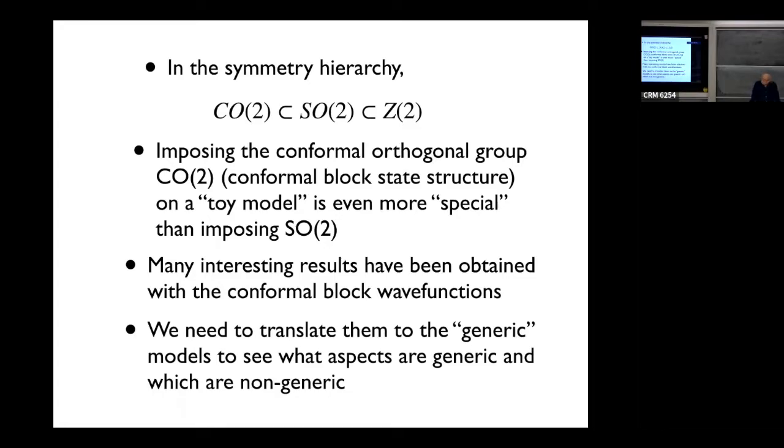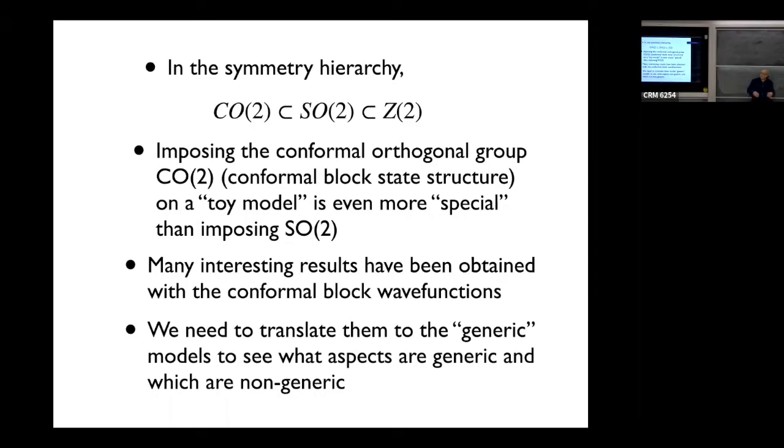But what we actually need to see is that some of the results obtained with these beautiful ultra high symmetry toy models, some of them luckily will turn out to be generic, but some of them will turn out to be very specific features of the ultra high symmetry artificial toy model that we're working with. So it's going to be important to attempt to separate what part of what we've learned from conformal field theory toy models is generic and what part is just specific little things.